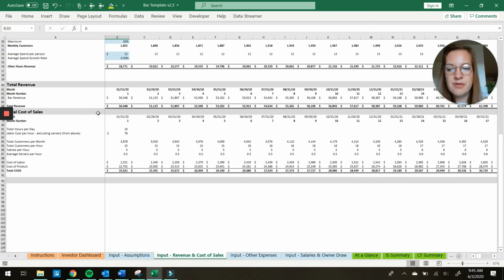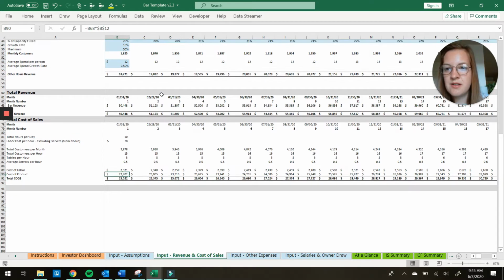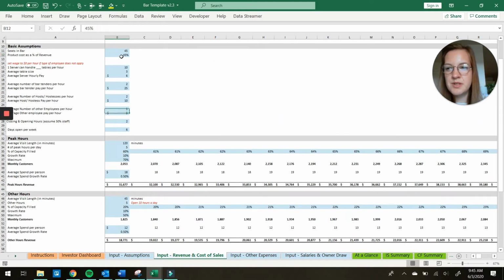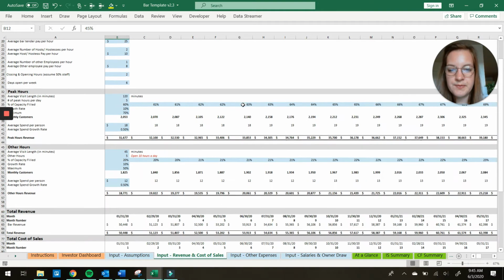Once you provide all that information, including their hourly rates and how many of them you have for every hour that you're open, the model is going to calculate the cost of sales for you based on the direct materials and the direct labor. Note this cost of product is coming from this cell here. The product cost has a certain percentage of revenue.